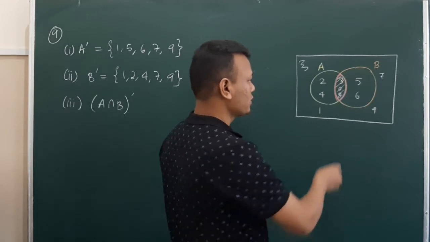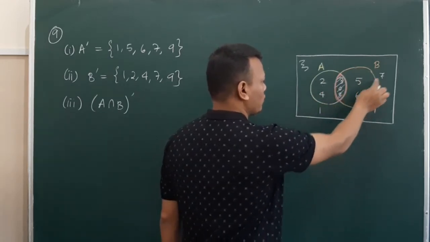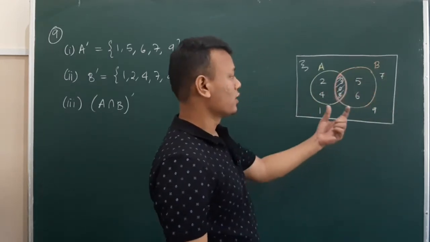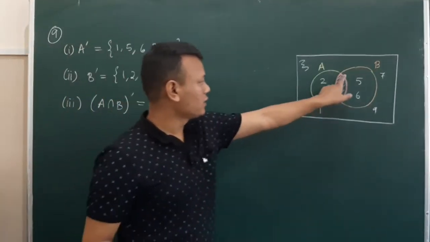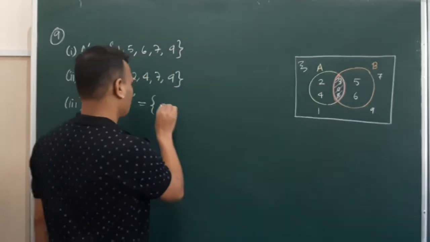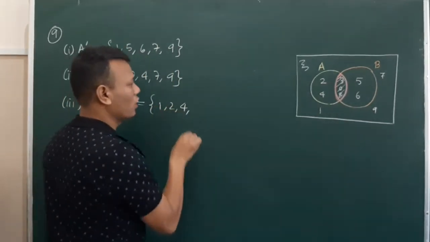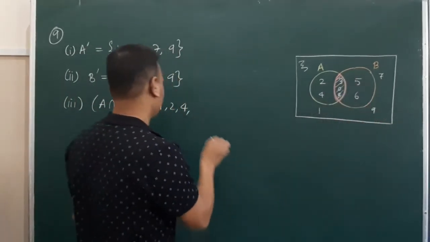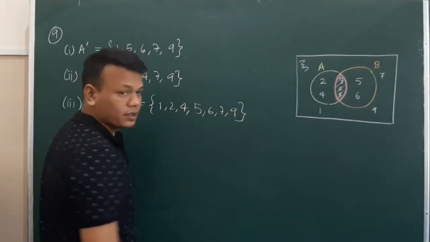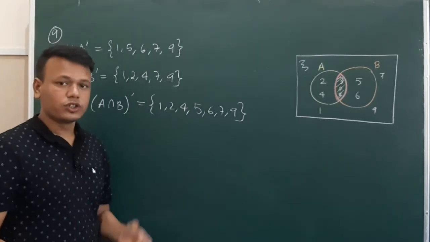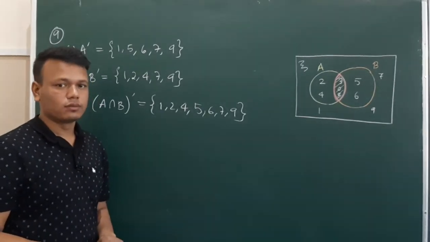The elements outside this are 1, 2, 4, 5, 6, 7 and 9. So that will be your answer for this particular question. Pause the video and note it down.